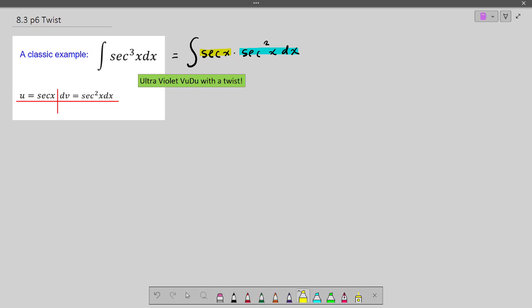So you all try that. Let u be secant and dv be sec squared, and see if you can use integration by parts with a twist to get it.